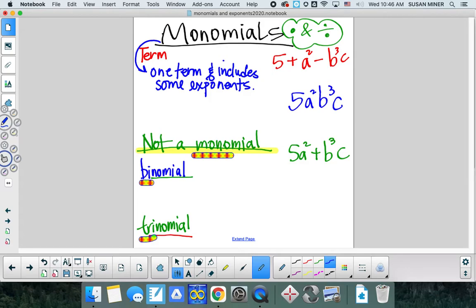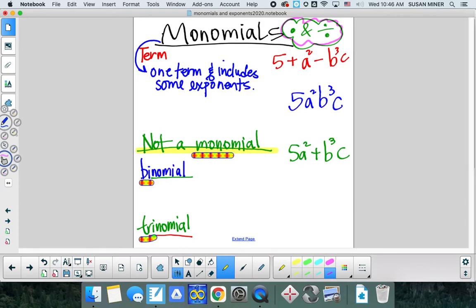Now, here's the thing about monomials, and this is why I have this multiplication and division sign highlighted up here in the cloud: one term can have multiplication and division in it. It cannot have addition and subtraction. A monomial has no addition or subtraction in it.